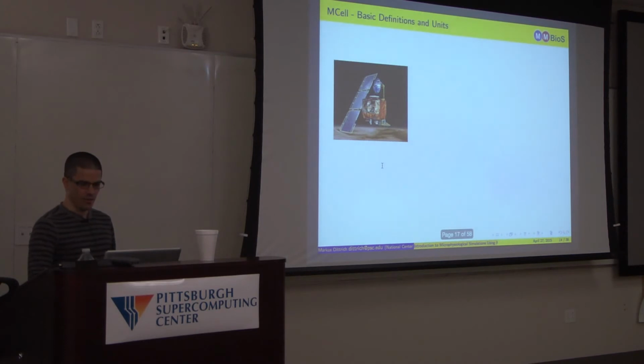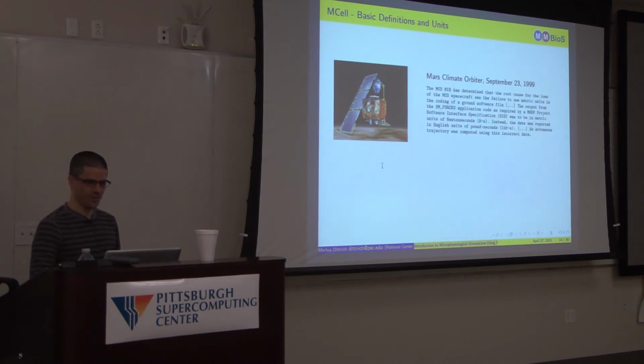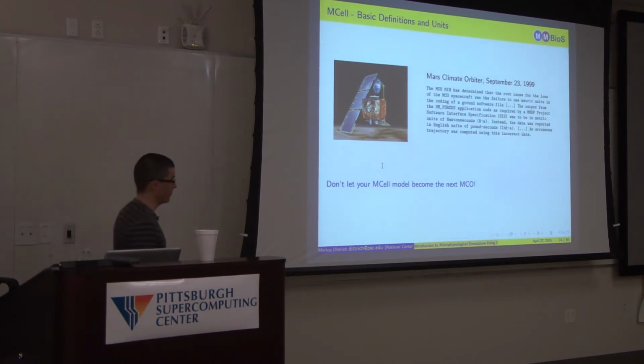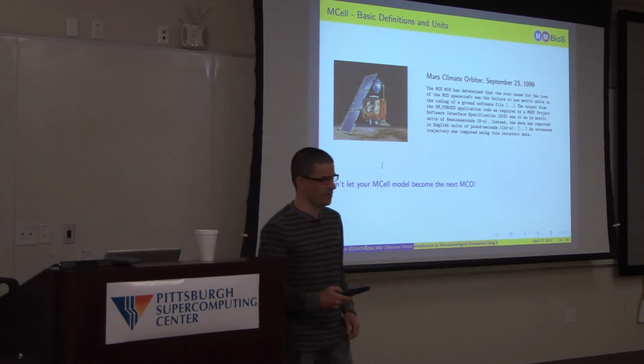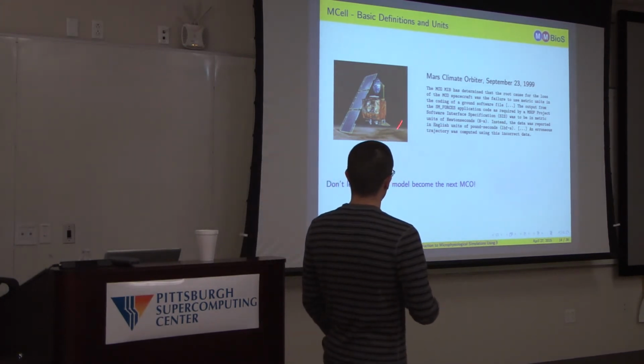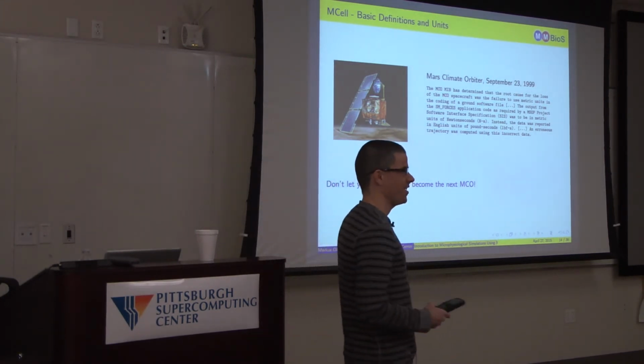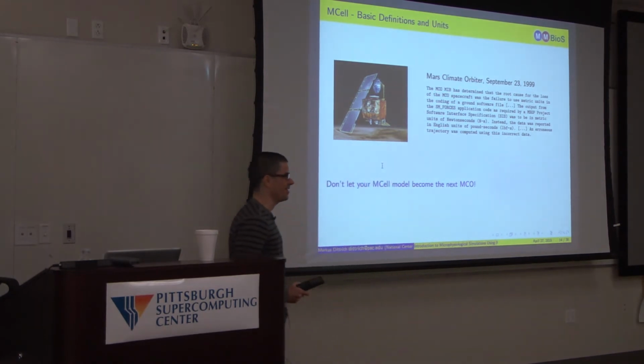Okay, so I'm of course way behind, so I will try to speed up. One thing though I wanted to mention, for those of you who know the story, I mention this every year, is the satellite here, Mars Climate Orbiter. I'm not sure if people have heard of that.